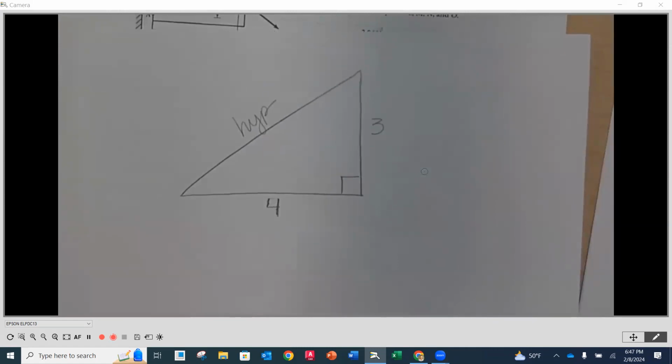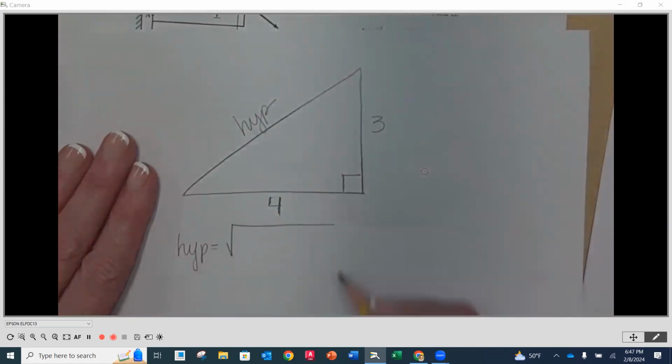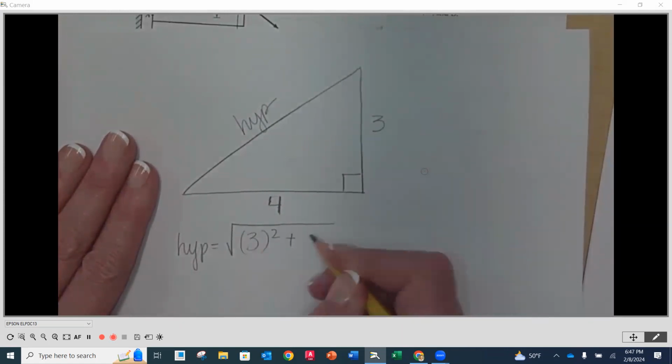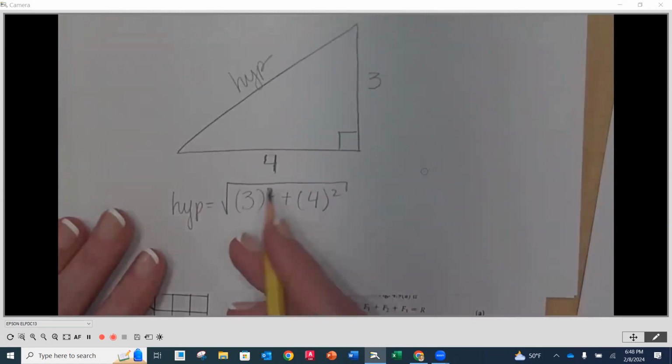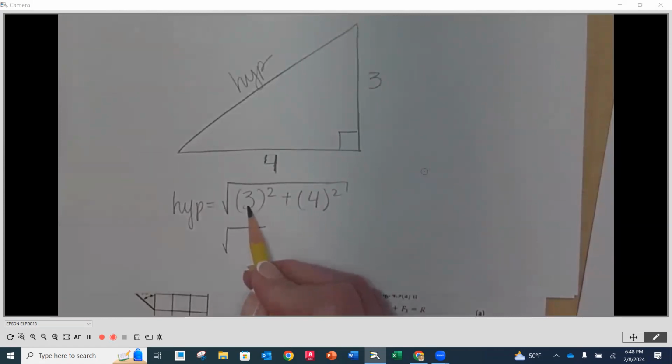Now to do that, I've got a right triangle and I know the two sides, so I can use Pythagorean theorem, right? So I can say my hypotenuse is equal to the square root of one of the legs squared, 3 squared, plus the other leg squared, 4 squared. So what is 3 squared? 9, right?